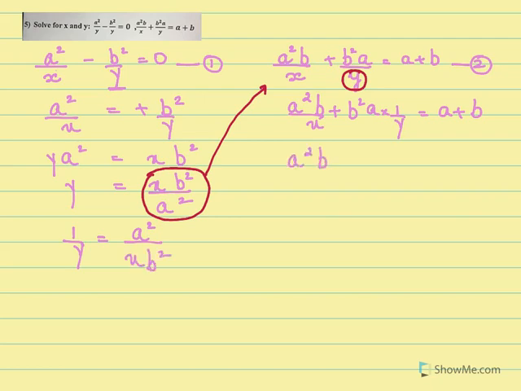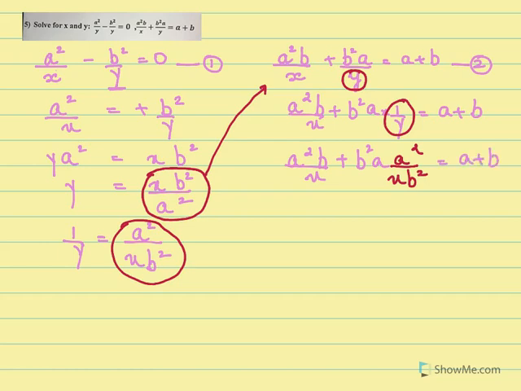So I have a square b over x plus b square. For 1 by y, I'm going to put this value which I have found out, and that is a square over x b square. So this is equal to a plus b. I've substituted the value of 1 by y.